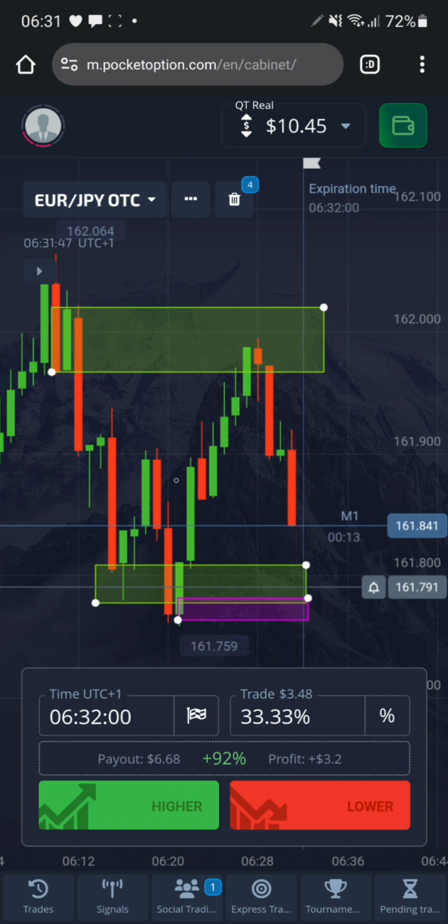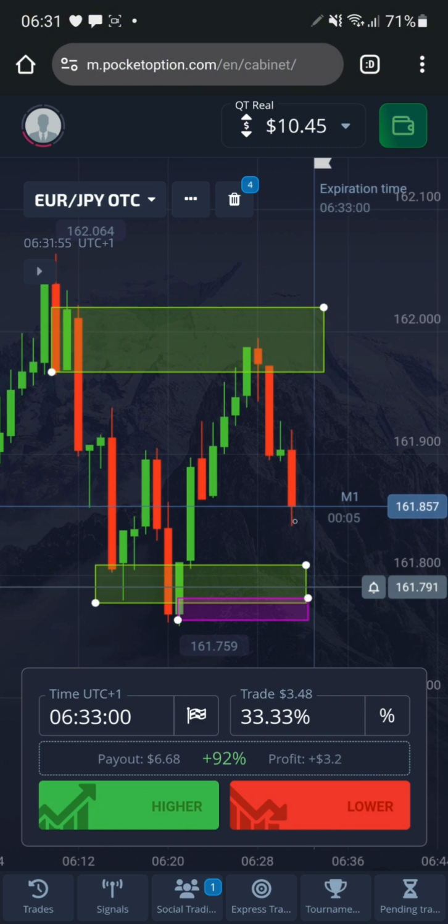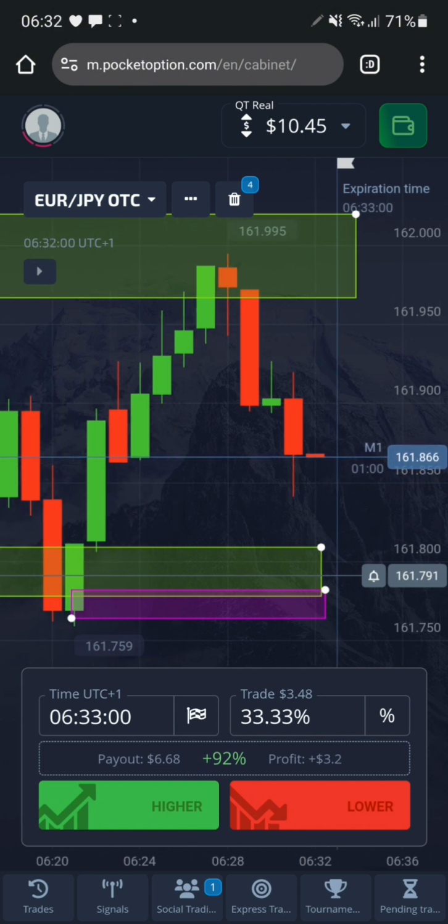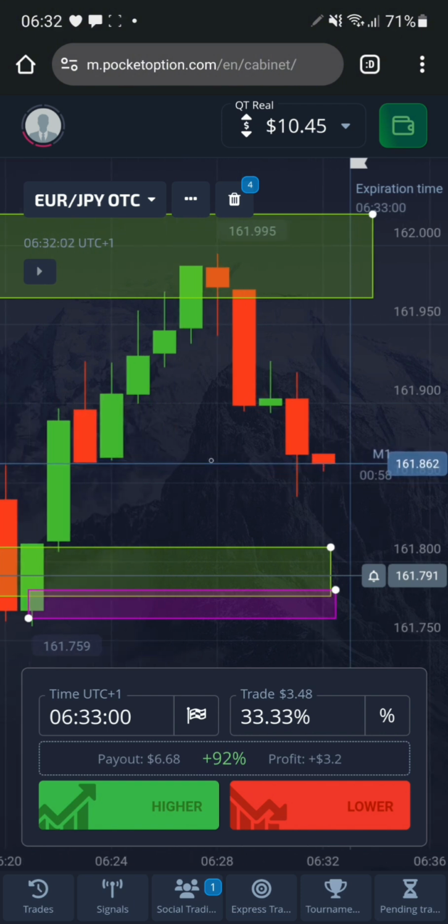Though there's a demand zone here, so we may have a green candle after this, but let's see. We may have a green candle after this because this is breaking a demand zone, but this is a trade I want to take, so I'll wait for it.